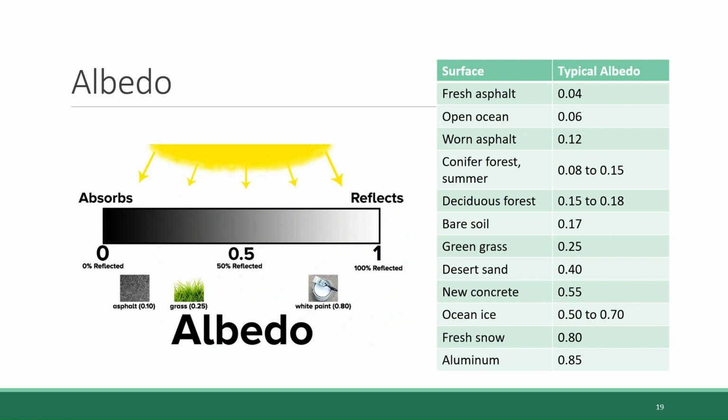So fresh asphalt, which is very dark, is 0.04. Coniferous forest, which is like a pine tree forest, ranges from 0.08 to 0.15. Bare soil is 0.17. Grass is 0.25. Sand is 0.40. Fresh snow is a whopping 0.8.